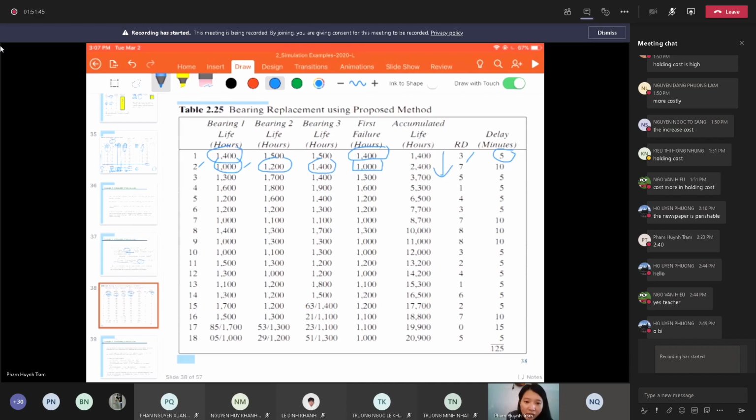We also stop the simulation around 21,000 hours. Bearing 1 failed again, we call for the service. It takes 10 minutes delay to replace all the 3 bearings. Now one more time, and then we can go to the conclusion.